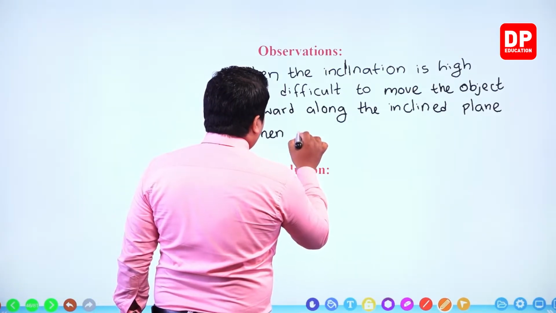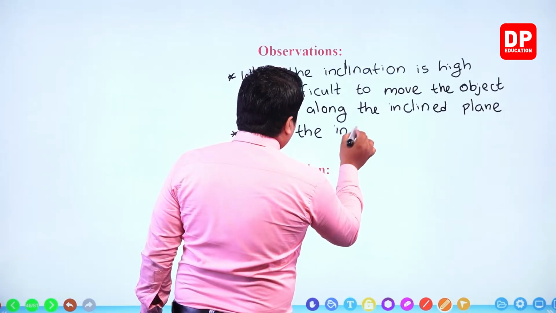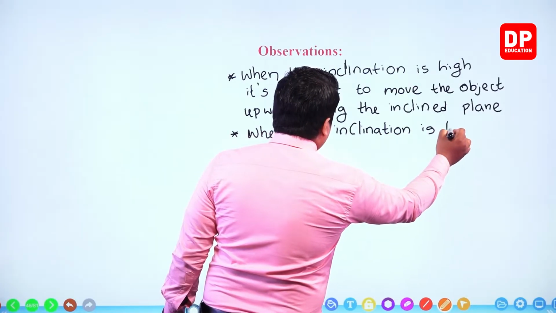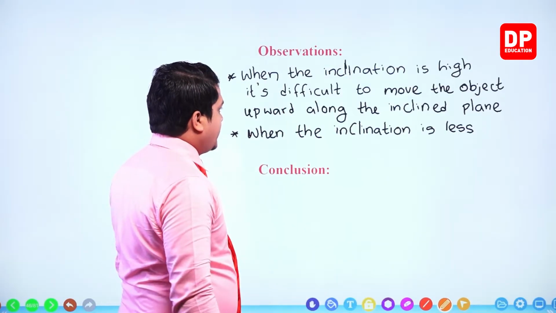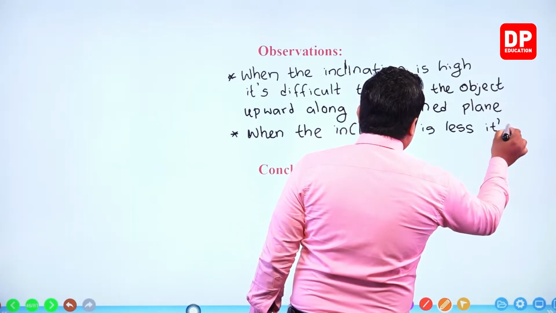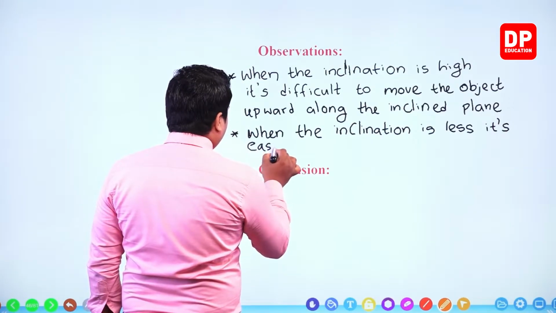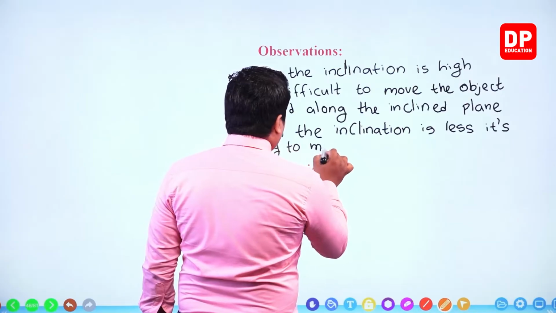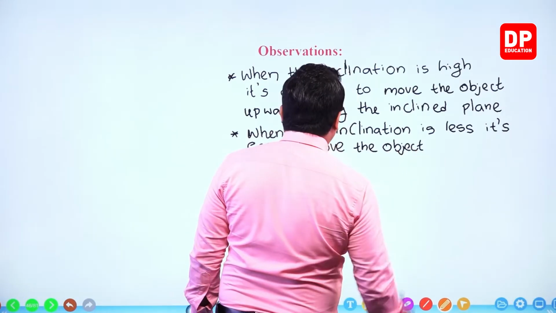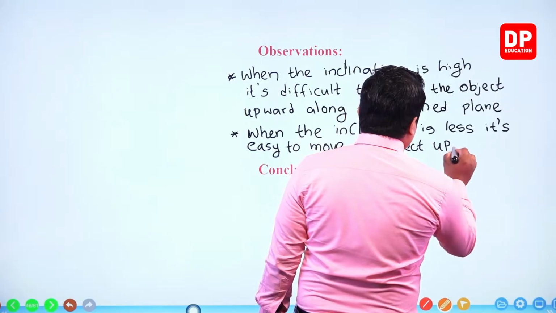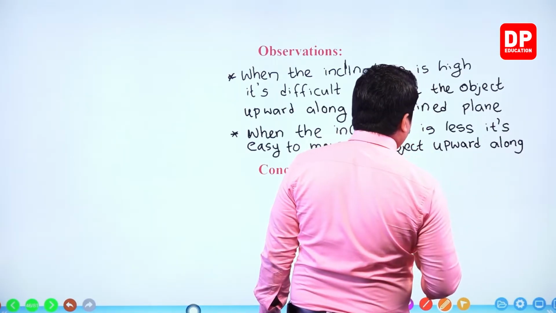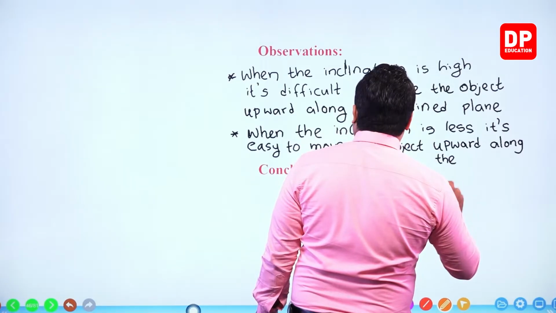When the inclination is less, it's easy to move the object upward along the plane.